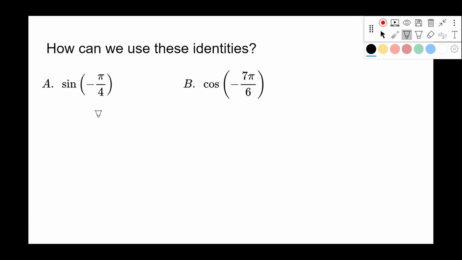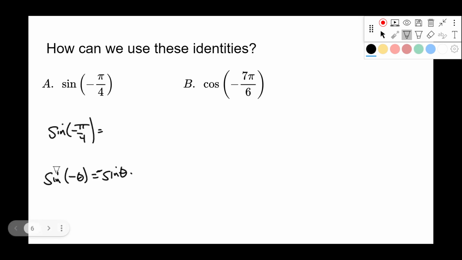All right, how can we use these identities? I want the sine of negative pi over 4. So I'm asking you for the sine of negative pi over 4. Well, I have this even odd property that says the sine of negative theta is equal to negative sine theta. So this negative comes out into the front. So sine of negative pi over 4, the negative comes out into the front, would be negative sine pi over 4.